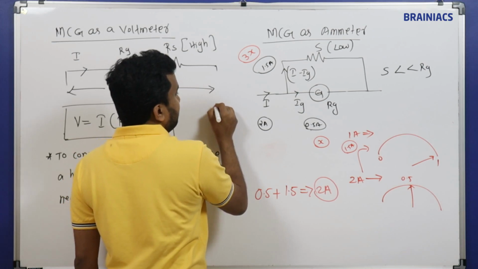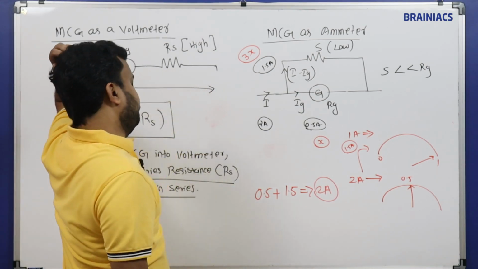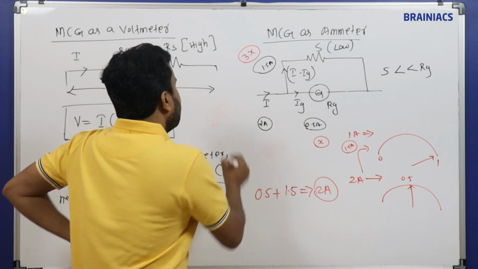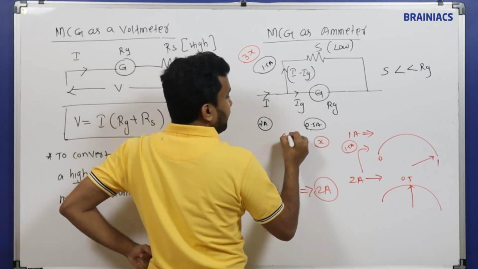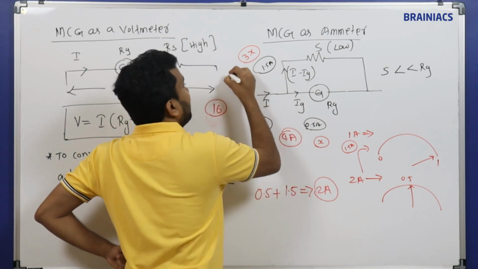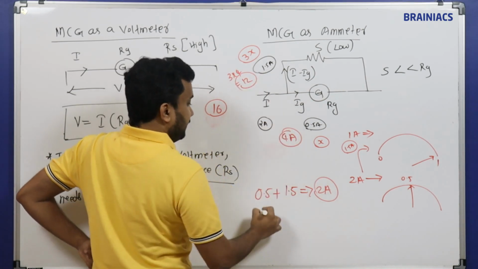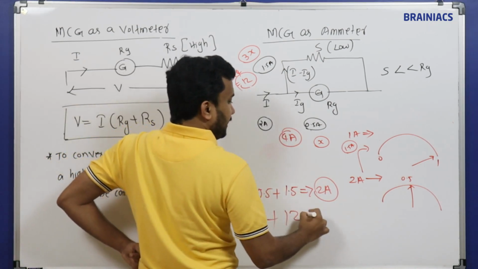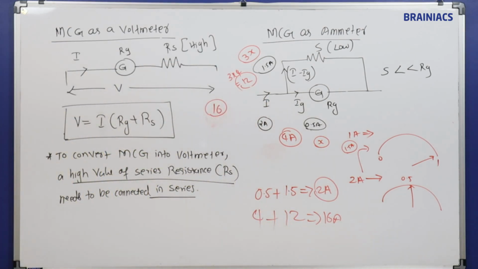So let me take it as, maybe, 16 ampere current if I am giving. How much current will be passing here? 4 ampere. How much current will pass here? 3 into 4, I know, 12. So this 12, in the internal circuit, what will it do? This 4 plus this 12 will add and give the user 16 ampere as the experience. This is just for your understandability that I am telling.